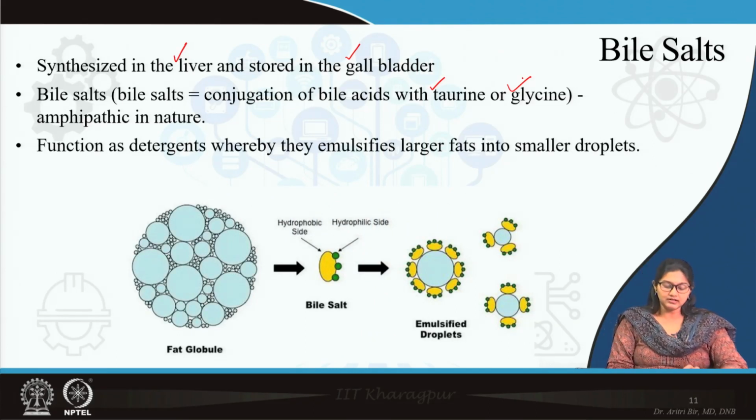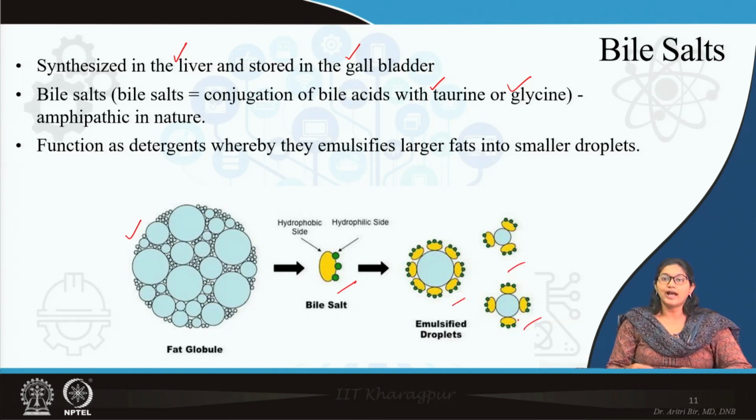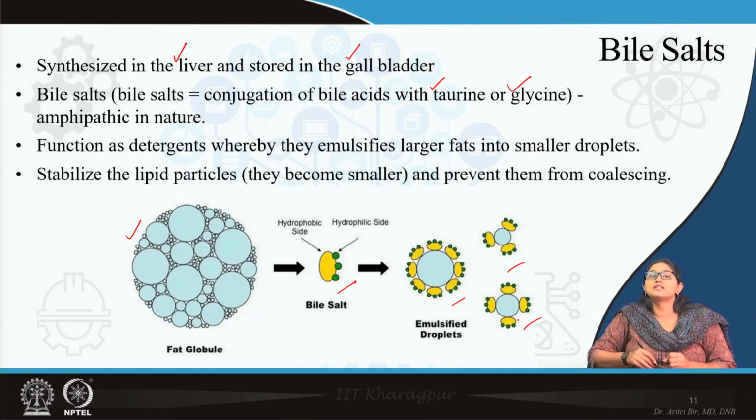You can see here that the bigger fat globule is broken down into smaller ones with the help of bile salts, increasing the surface area of the fat droplets. Even if these fat globules are broken down into smaller droplets, they have a tendency to coalesce with each other, and that coalescing tendency is once again prevented by bile salts. So, bile salts not only break down the fat droplets, they also inhibit their coalescence.